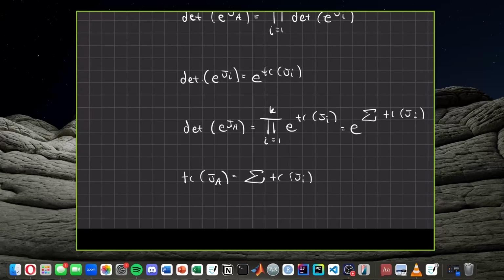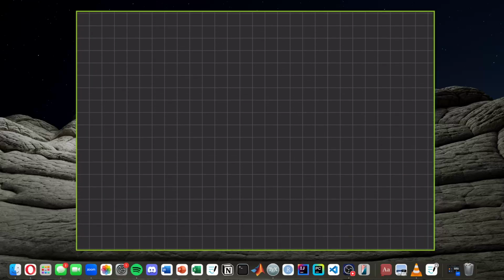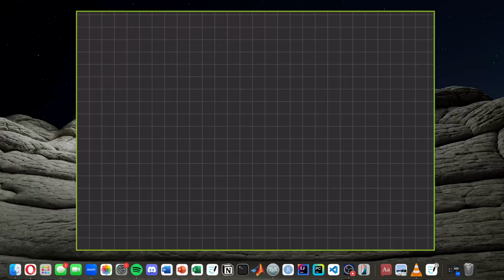Now, moreover, since the trace is invariant under similarity, which means essentially that it doesn't matter what our basis is, so in this case it'll be A or J sub A. Because it's invariant, this is just by definition. I'm not going to prove this. Then the trace of J sub A is equal to the trace of A. What does this tell us?